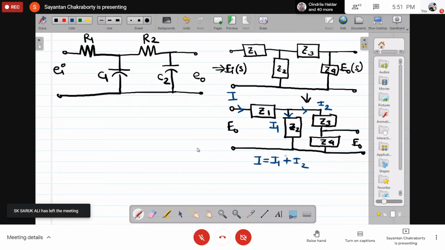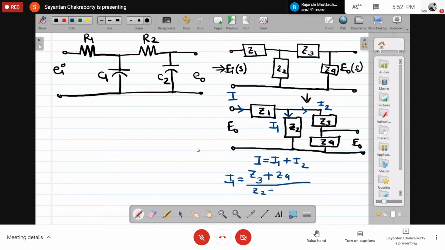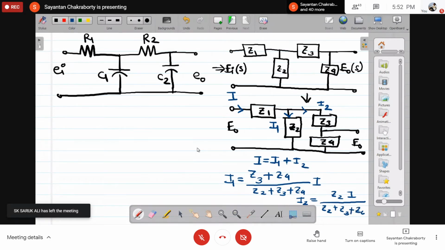Now whenever you have this current division, you should find the corresponding I1 and I2 in terms of I. So what will be I1? See, I1 will be Z3 plus Z4 divided by Z2 plus Z3 plus Z4 into I. And I2 is Z2 I divided by Z2 plus Z3 plus Z4.